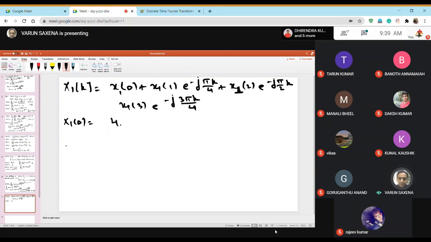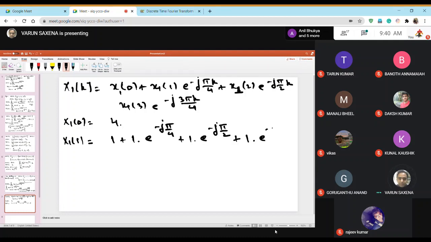And then if you evaluate X1[1], here you will get 1 plus 1 into e to the power minus j pi by 4 plus 1 into e to the power minus j pi by 2 plus 1 into e to the power minus j 3 pi by 4.